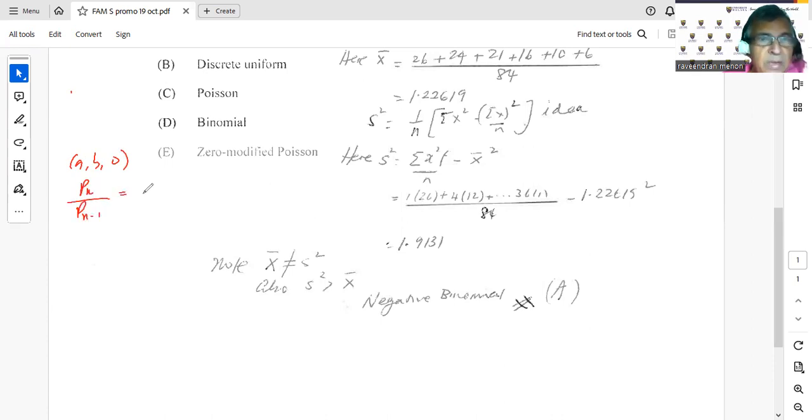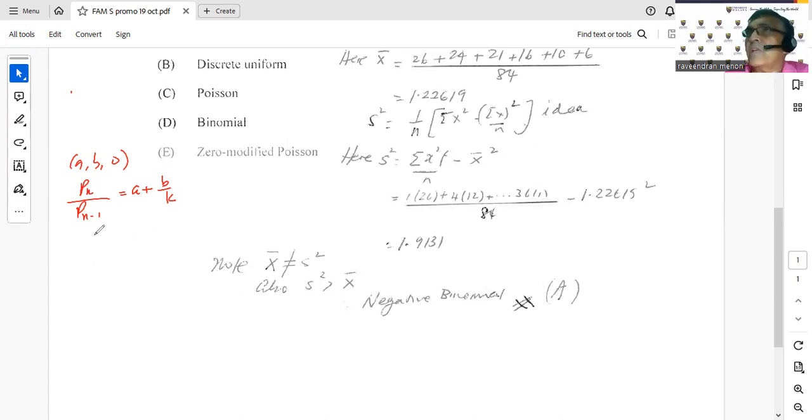Remember this? Let me write a few things down for you. p_k over p_(k-1) will be a plus b over k. This is for our (a, b, 0) class of distributions. p_k over p_(k-1) is equal to a plus b/k.